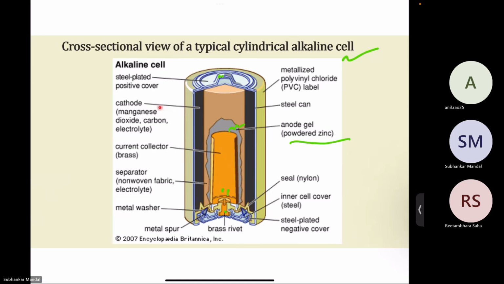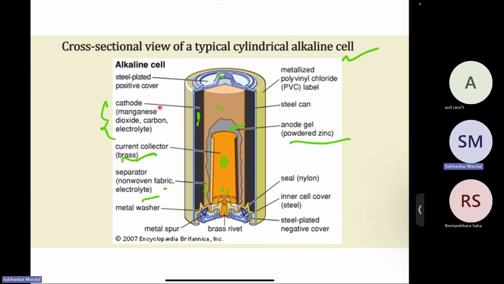And you have the cathode materials: manganese dioxide, carbon, electrolyte, and current collector. As I have mentioned, this is the current collector, the brass material, and this is the separator, the nanofabricated electrolyte separator.